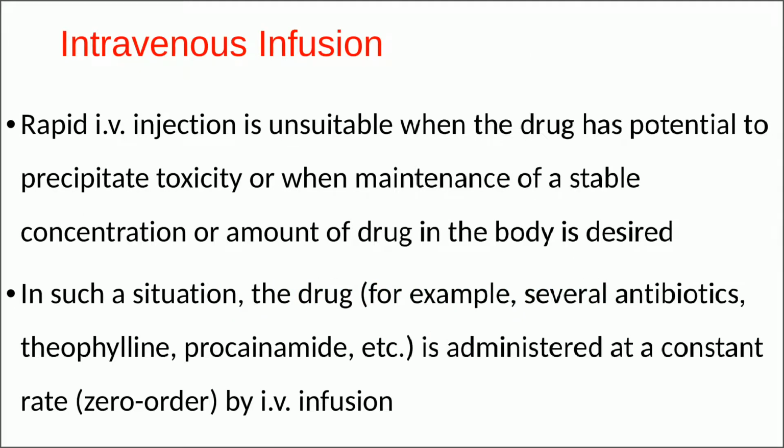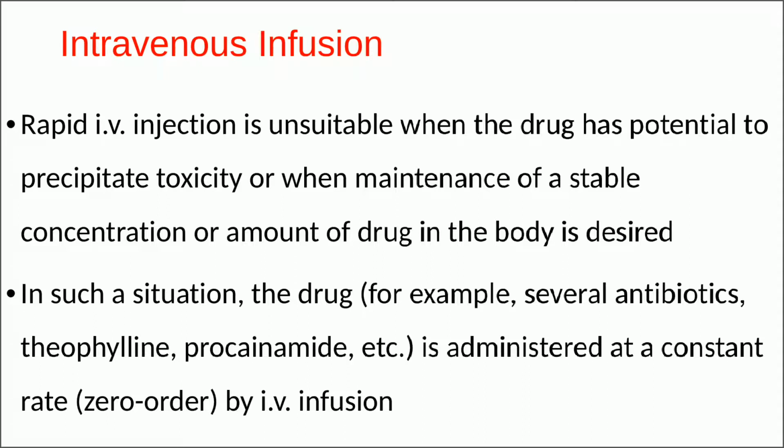Now let us discuss intravenous infusion. A rapid intravenous injection is unsuitable when the drug has potential to precipitate toxicity or when maintenance of a stable concentration or amount of drug in the body is desired.